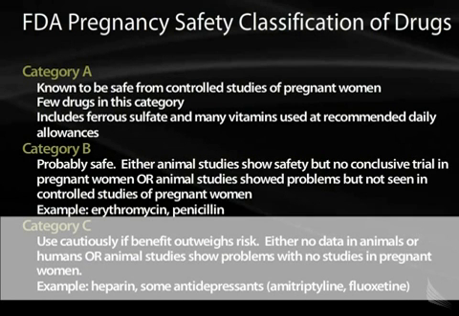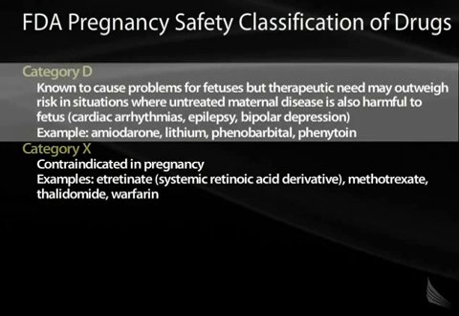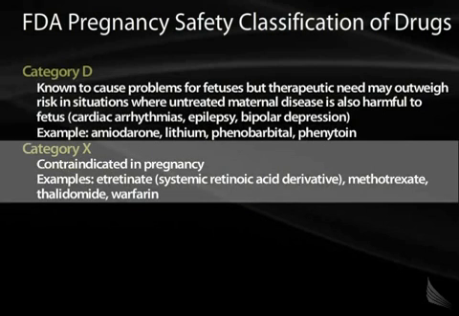These include medications such as fluoxetine and amitriptyline. Category D are medications that are known to cause problems for fetuses, but if the mother needs to take them to stay alive, then they should be taken. These include medications such as lithium, phenobarbital, dilantin, phenytoin, and amiodarone. Category X should absolutely not be used during pregnancy, and that includes methotrexate, thalidomide, and warfarin.